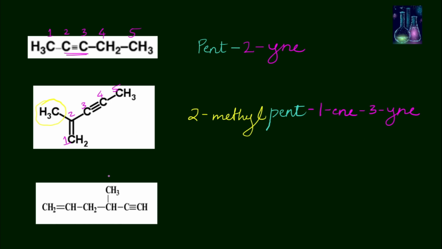In our next example, again the carbon-carbon double bond is given more preference. 1, 2, 3, 4, 5, 6. You have one substituent over here at the 4th carbon.